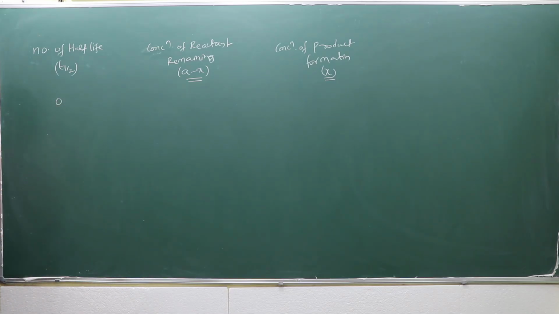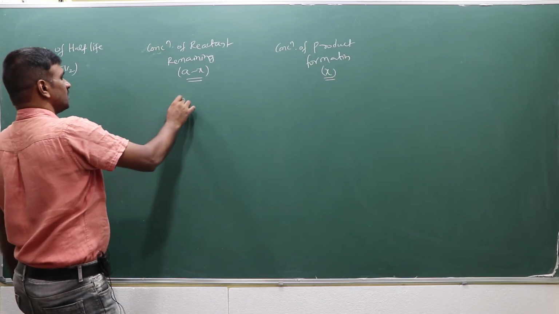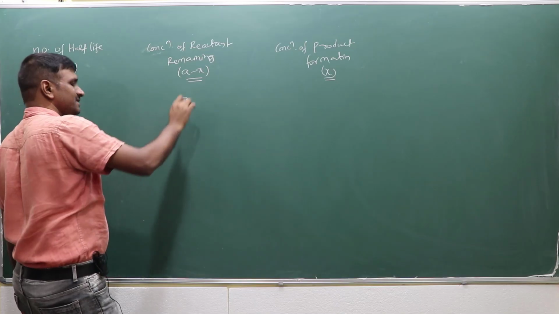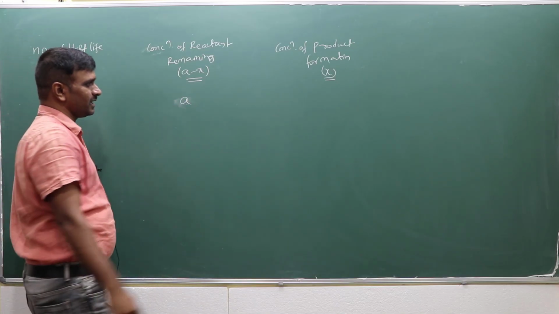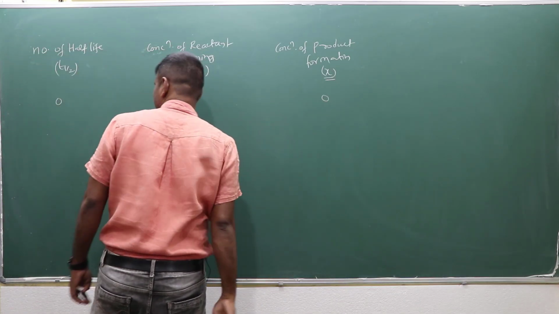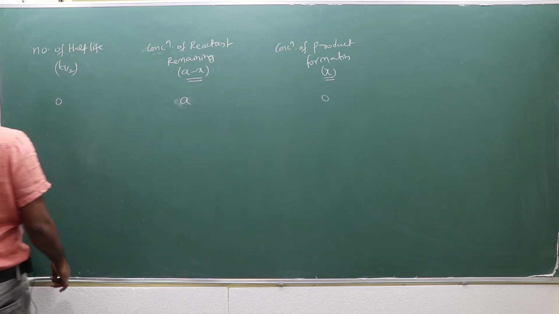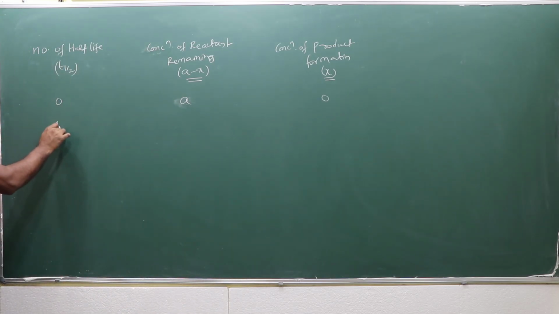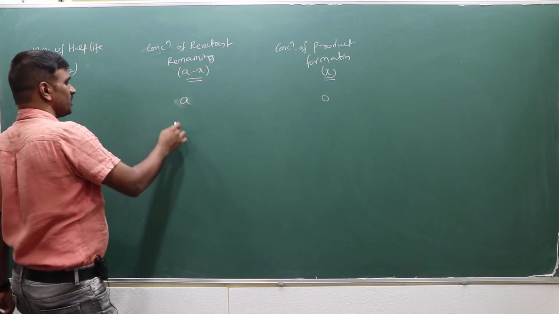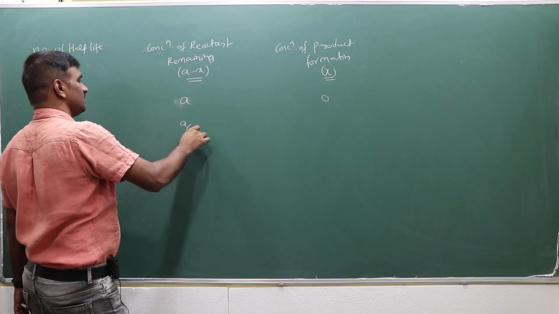If the number of half-lives is 0, there is no half-time. Concentration of reactant is A, the initial concentration, and there is no product, 0. If 1 half-life takes place, how much reactant is left?